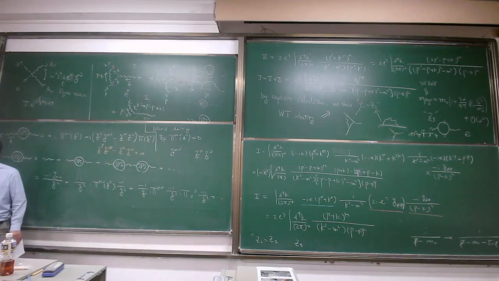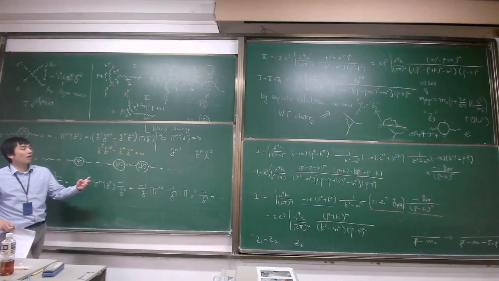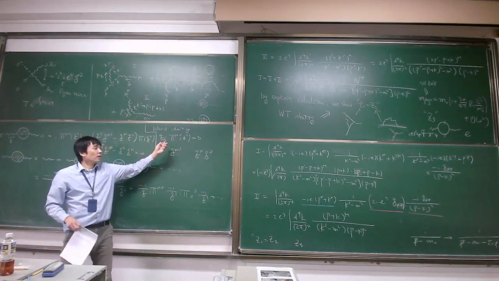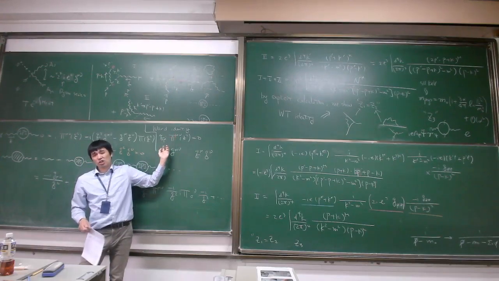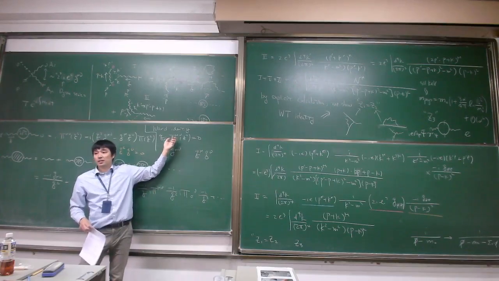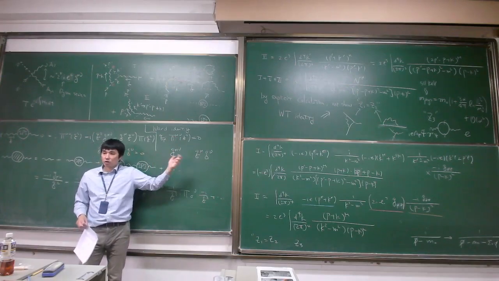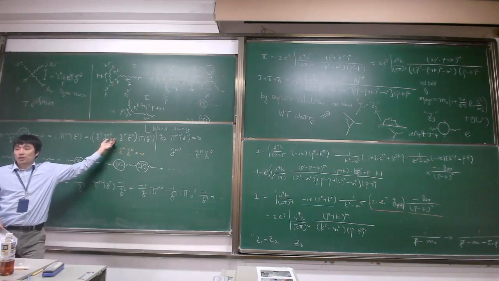Do you understand? So if you assume this Ward identity and pi mu nu is symmetric under the exchange of mu and nu, Lorentz symmetry tells you that this should be written in terms of g mu nu and q mu q nu. Therefore, this is the only combination you get.